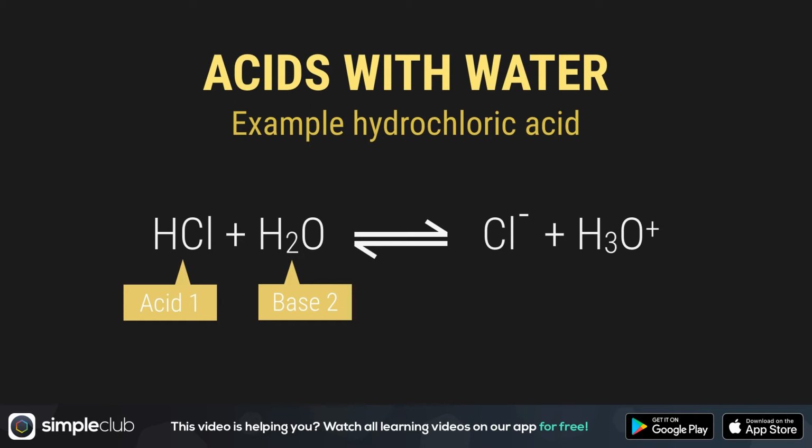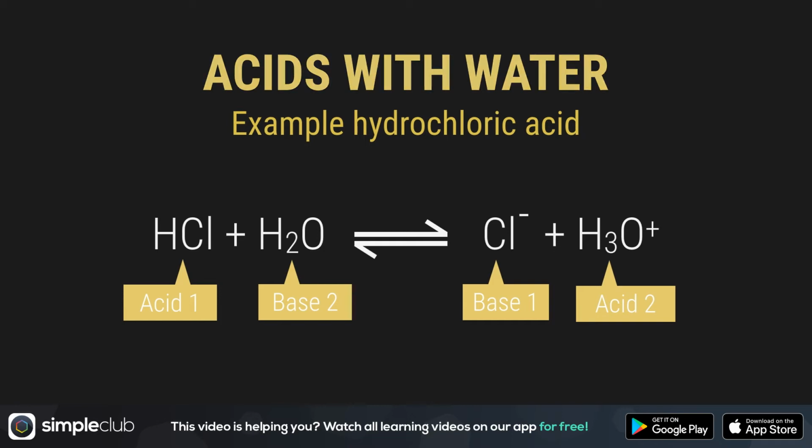Therefore, you can determine that the H3O+ is an acid and the Cl- is a base. To make it clear which substances belong together on the left and right, the chloride ion is called base 1. It has the same number as the hydrochloric acid. This makes the oxonium ion, or H3O+, acid 2, just like water.